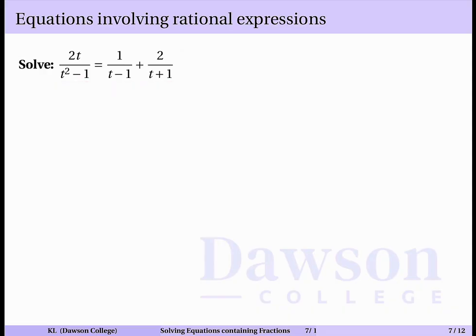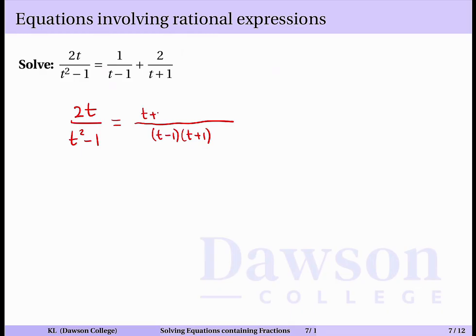So here we will have 2t over t squared minus 1 equals, if we combine to a single fraction, we need t minus 1 here, t plus 1 here. So we are just doing the general way of adding or subtracting fractions. And then what will be the numerator?